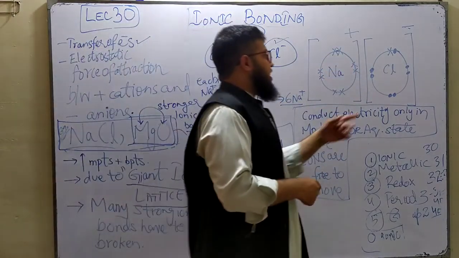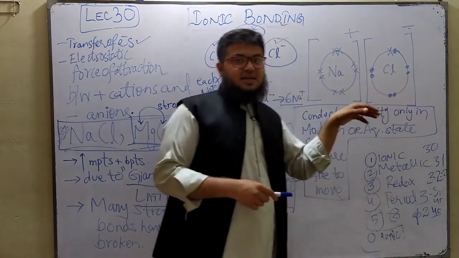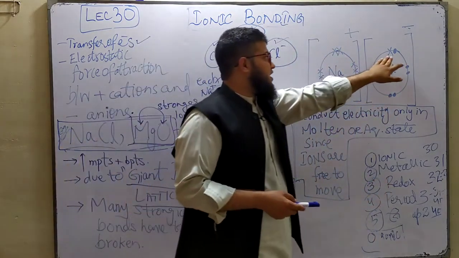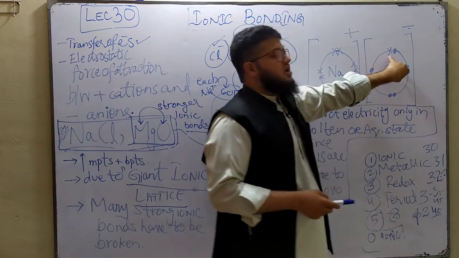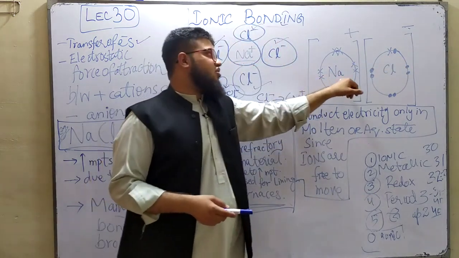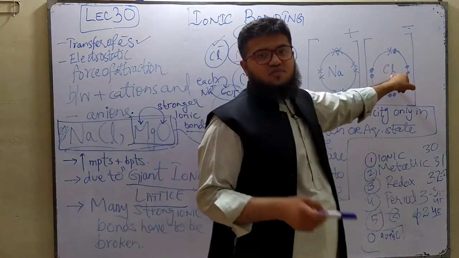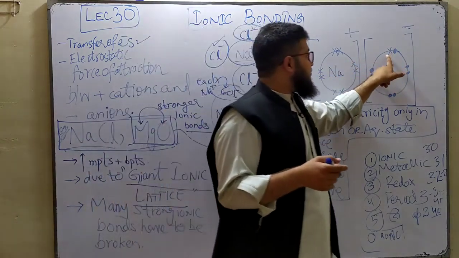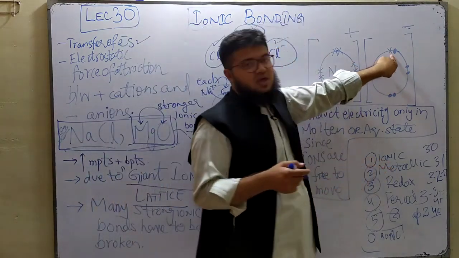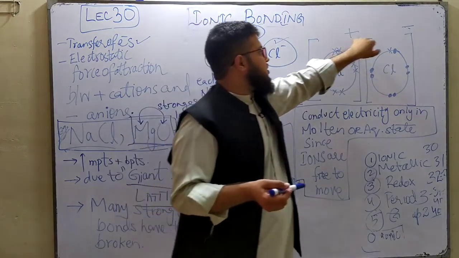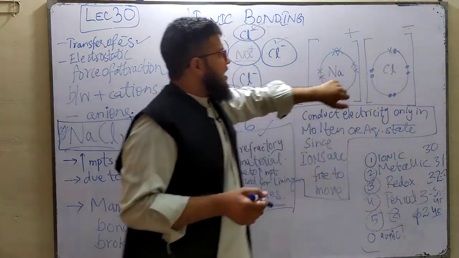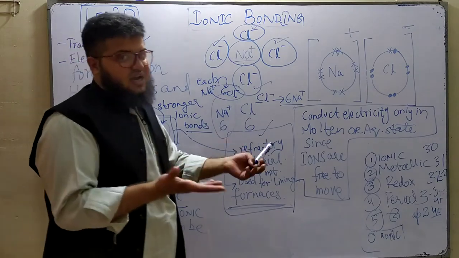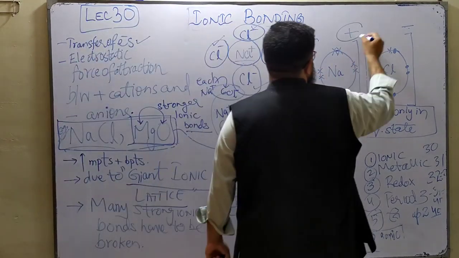Whereas the chloride accepted that electron from the sodium, and as a result that electron is also shown over here. The crosses represent the electrons of sodium and the dots represent the electrons of chloride. Since chloride accepted 1 electron from sodium, I have shown that electron as a cross. Of course, their charges have to be mentioned, and it is assumed that they have electrostatic forces because of their opposite charges.